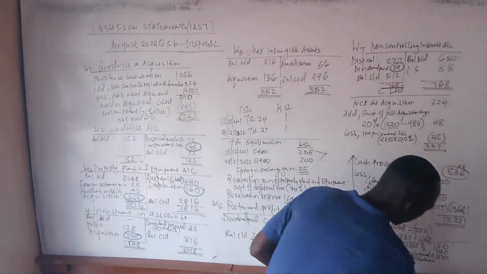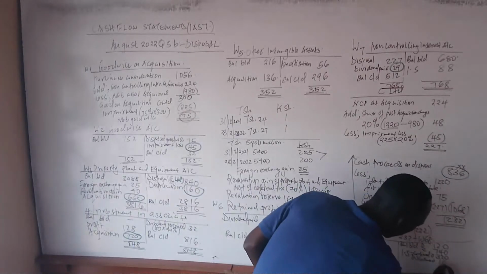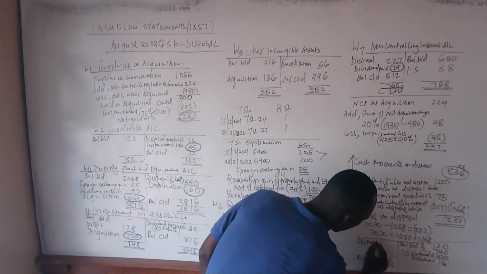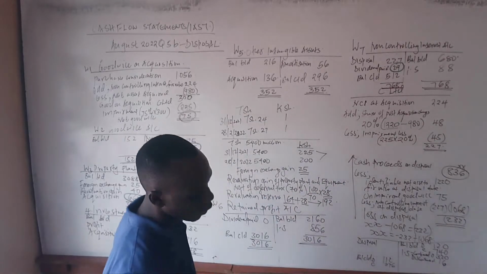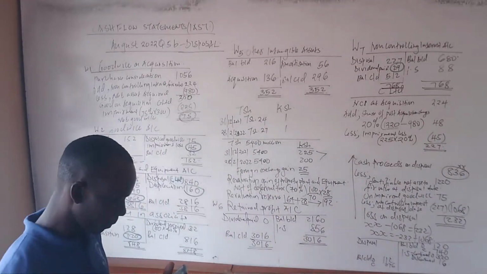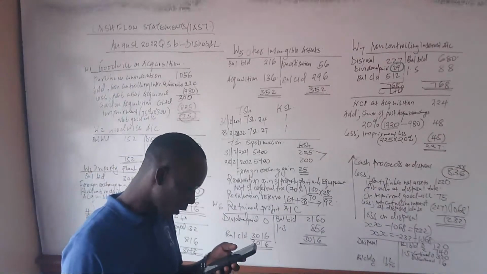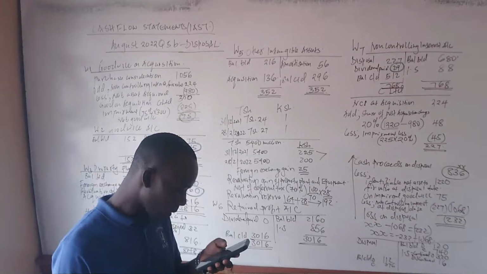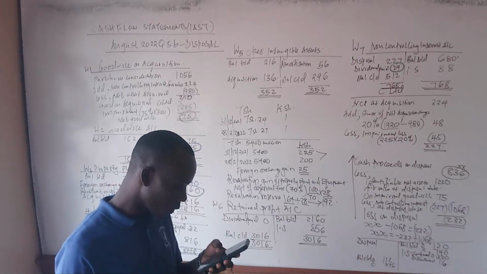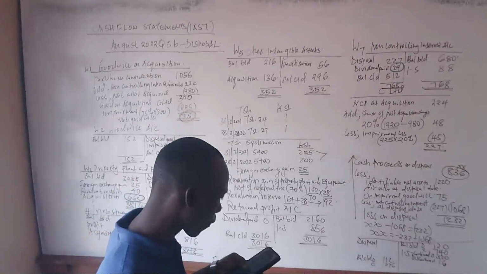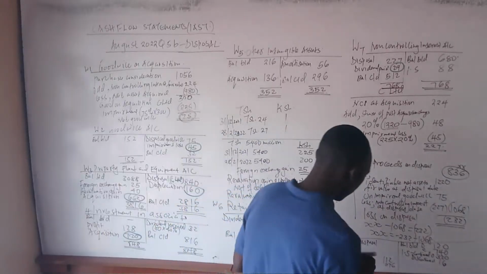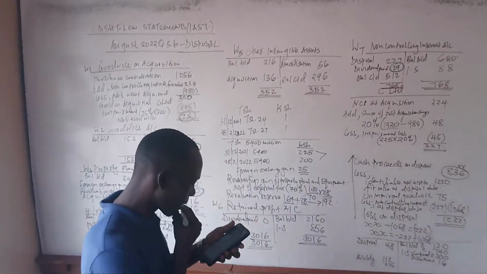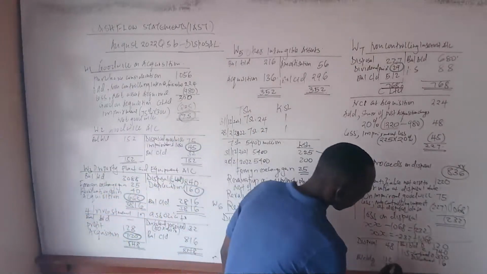Then from there, we had disposal, isn't it? Note number 3. We disposed this company with a deferred tax liability of 48. That is the disposal. Other than that, we had the revaluation gain.